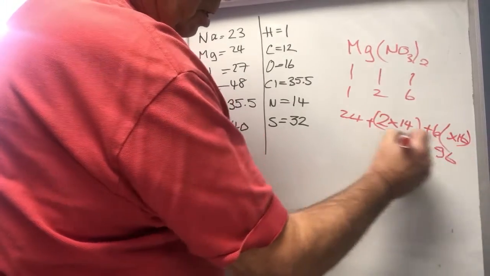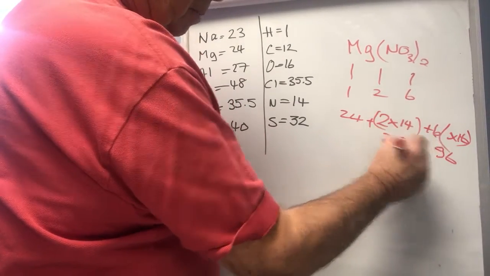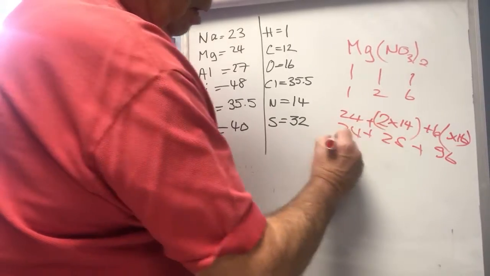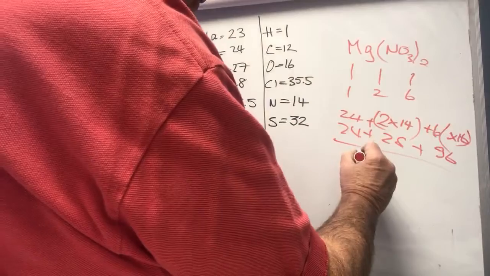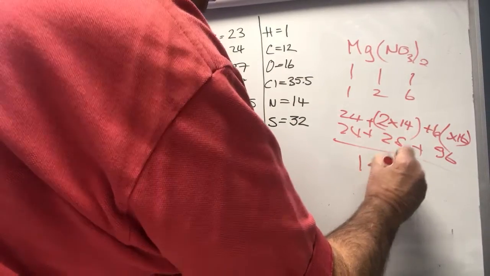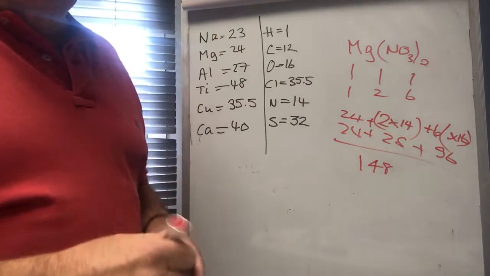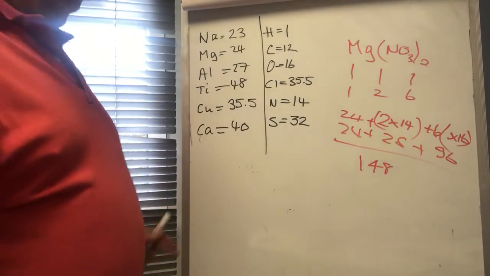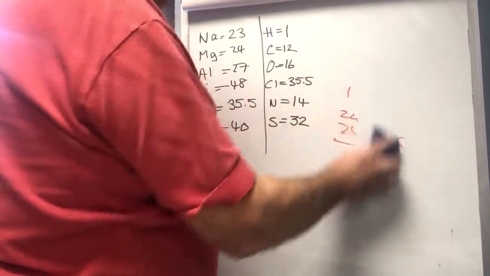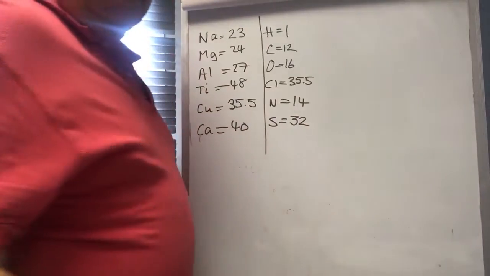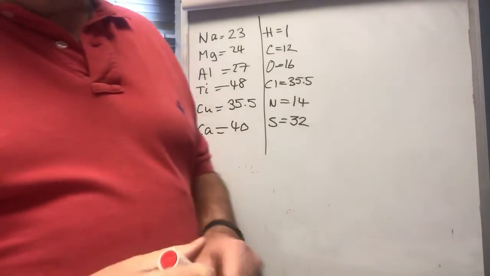That's 96, 28 and 24, add that together and I get 148. So that is the relative formula mass of magnesium nitrate.